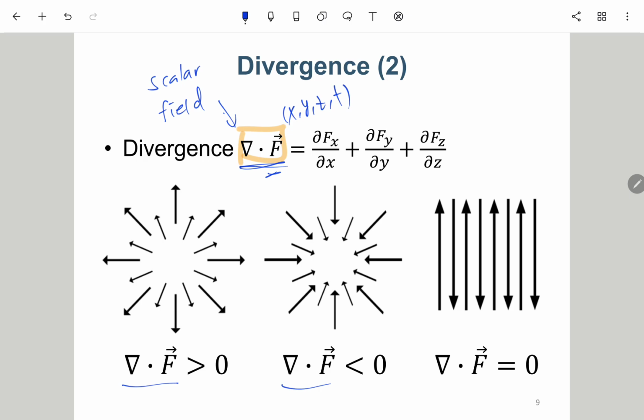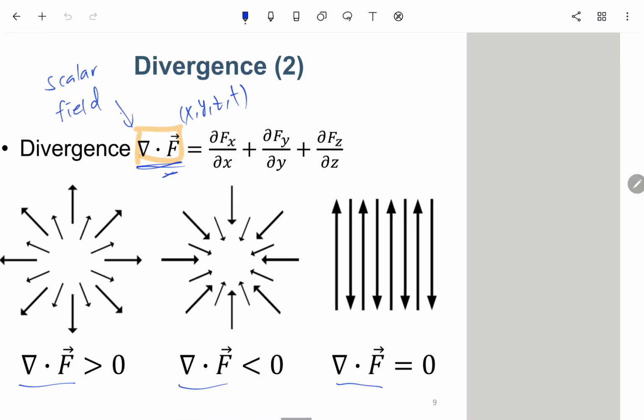And if the divergence of F at a certain point is smaller than 0, it feels like the vector field F is going into that point. If this divergence of F is equal to 0, it means that it is not either going in or going out for that point. Maybe some of the field is going in, some of the field is going out, and then they perfectly cancel. So this is what the divergence means.